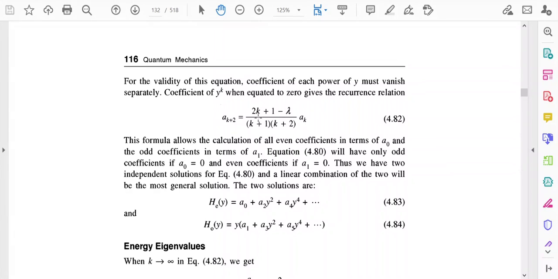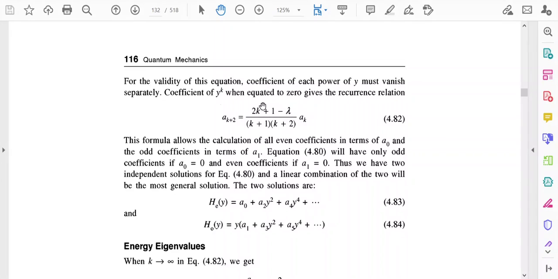The numerator is 2k plus 1 minus lambda, and suppose for a particular value k is equal to n, we terminate hy. Then this numerator will vanish, that is 2n plus 1 minus lambda is equal to 0 for k equal to n.